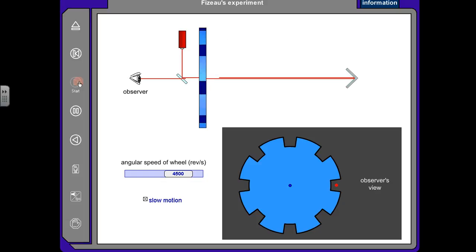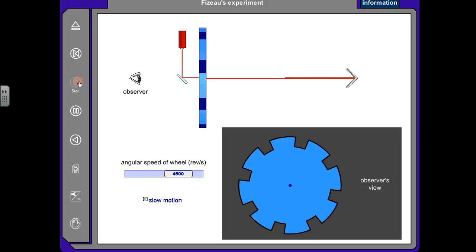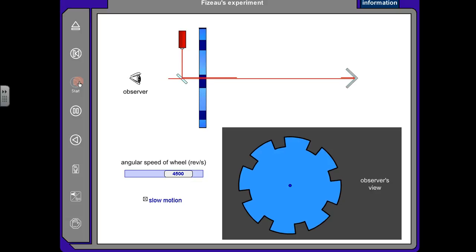And 4500 and 4550 are the last two. So we'll come up and get a ray made. Okay, now we got a ray made.